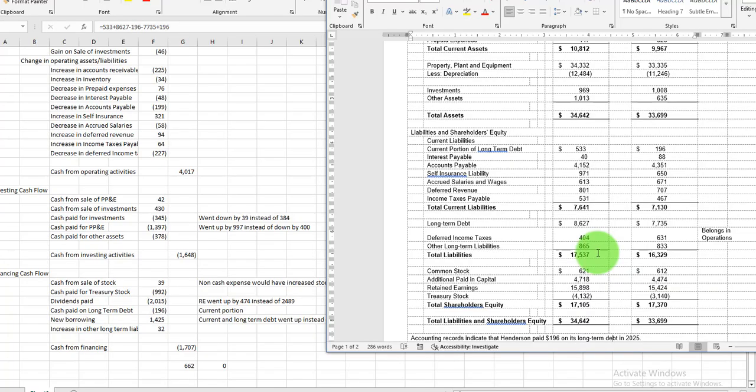That's how you make sure your cash flow is going to work, by making sure you didn't skip over something or forget to include it. If you do, it's not going to work, because it has to balance, just like the balance sheet does. It has to end up with the change in cash.